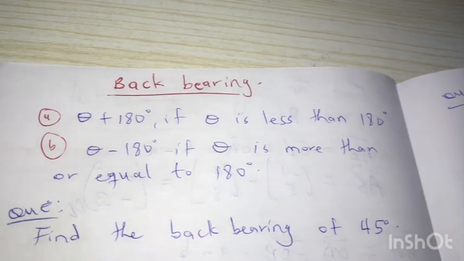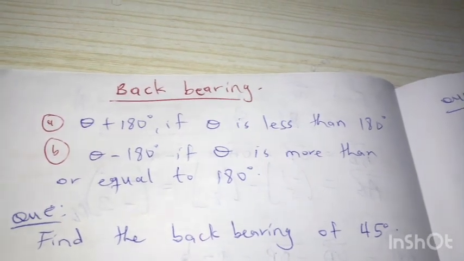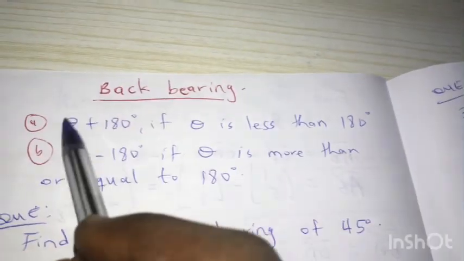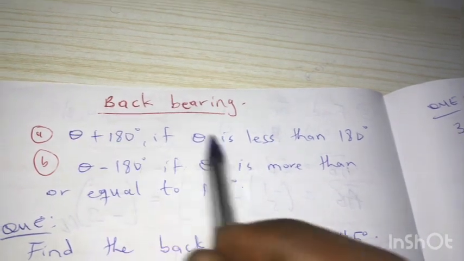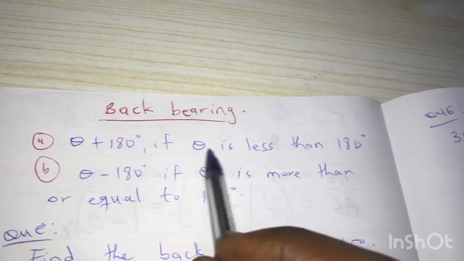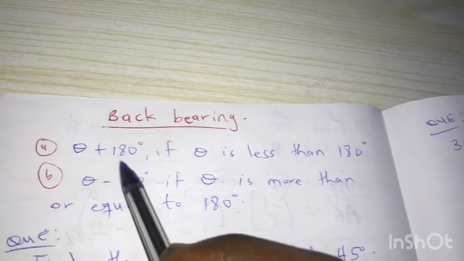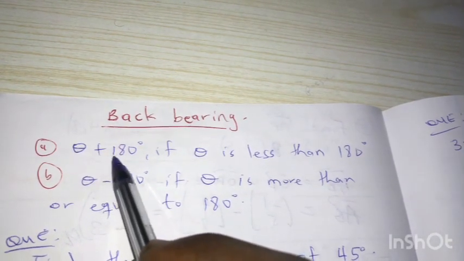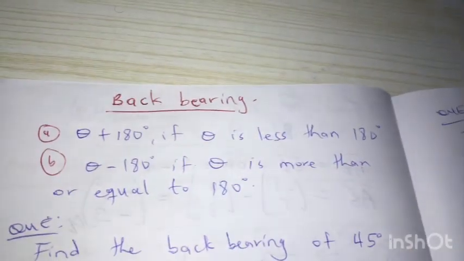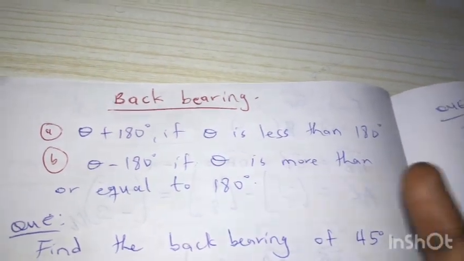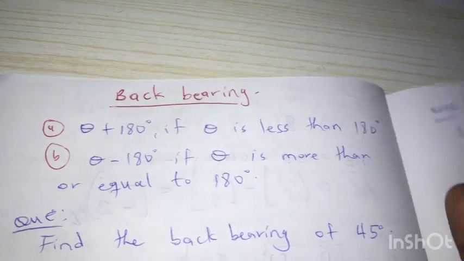When we say back bearing, it's just very simple. When theta, the angle, is less than 180, you add 180 to theta and you get the back bearing. Back bearing is like AB, then you turn it to BA.